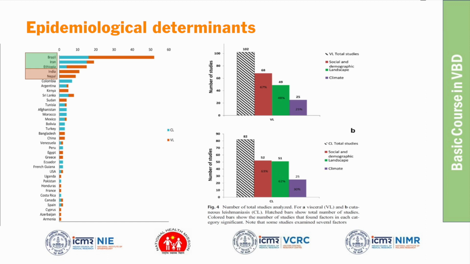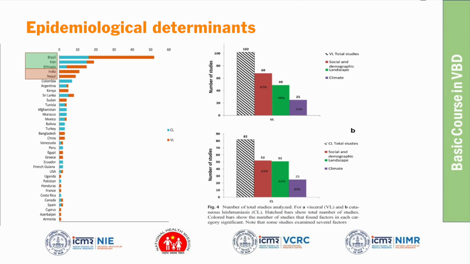Out of 82 studies in CL, 52 say that social and demographic factors contribute significantly to the epidemiological patterns in different environmental regions, and finally the climate factors. In both CL and VL, the major determinants are social and demographic factors, then secondly the landscape factors, and then the climate factors.